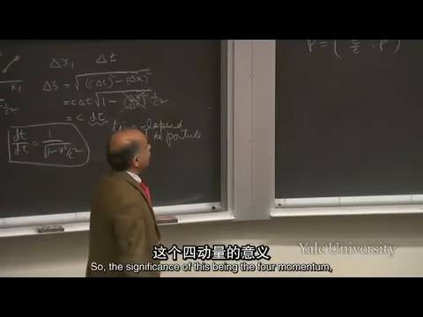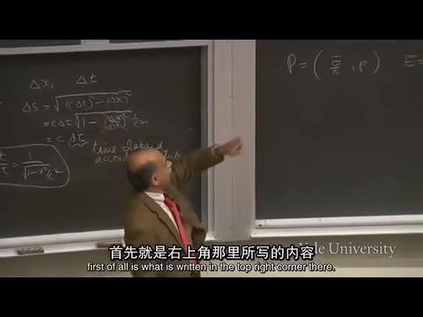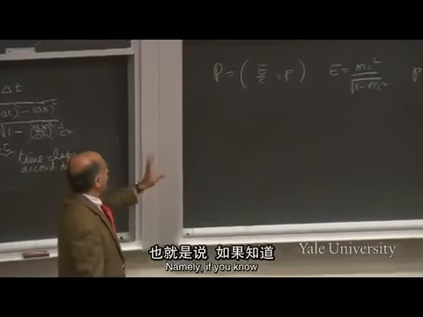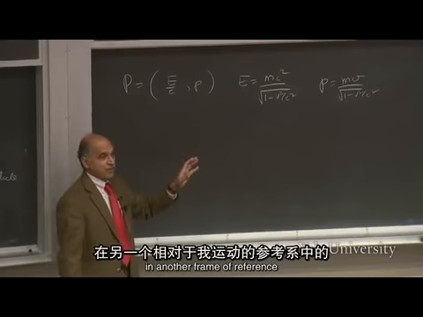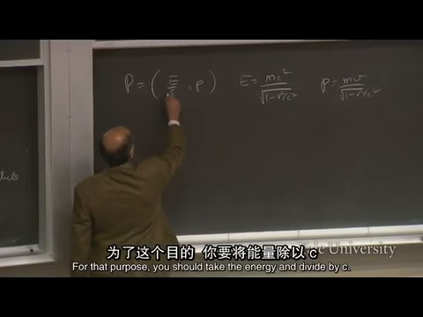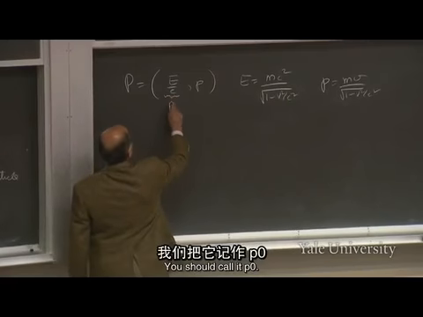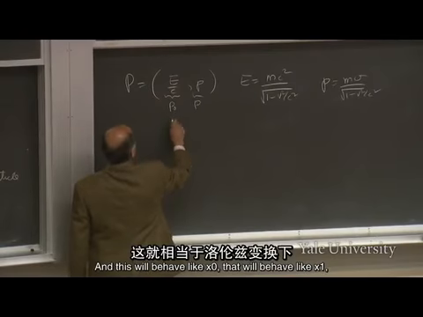So the significance of this being a 4 momentum, first of all, is what is written in the top right corner there. Namely, if you know the energy and momentum in one frame, you can find the energy and momentum in another frame of reference, moving relative to me. For that purpose, you should take the energy and divide by c. You should call it p0. The momentum can be left as it is, and this will behave like x0.